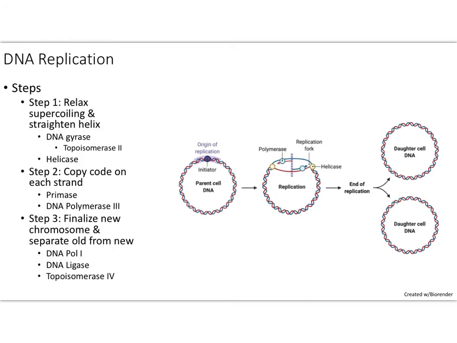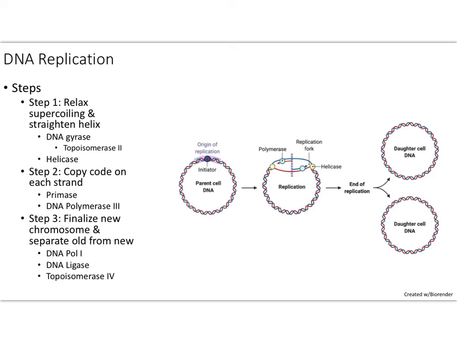Replicating DNA happens in three main steps. The first step is for the DNA that is what we call in a supercoiled state to get relaxed and straightened out. So if you were to look at a picture of all of the DNA in, let's just say, an E. coli bacterium, and you were to straighten all of that out, it would be bigger than the bacterium actually is.